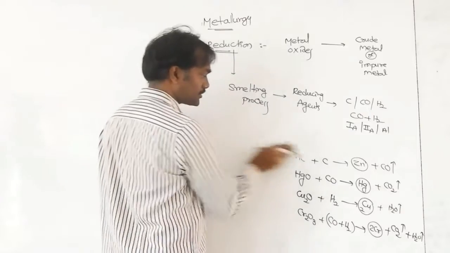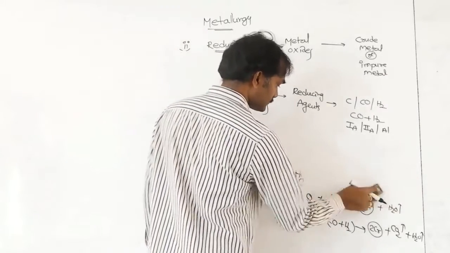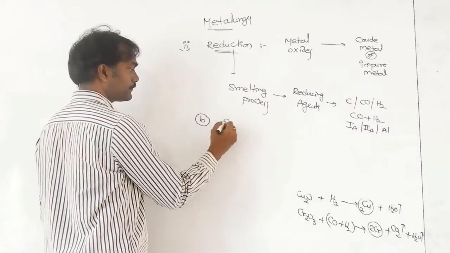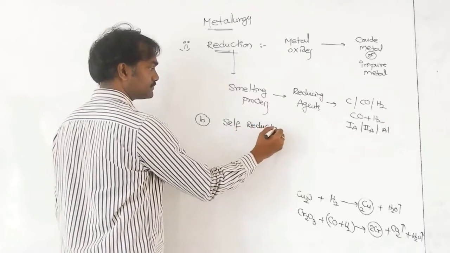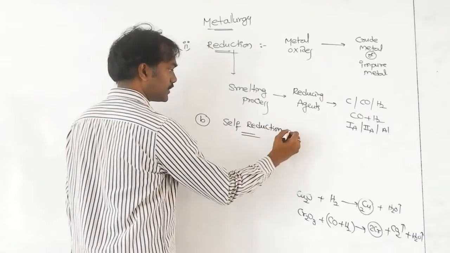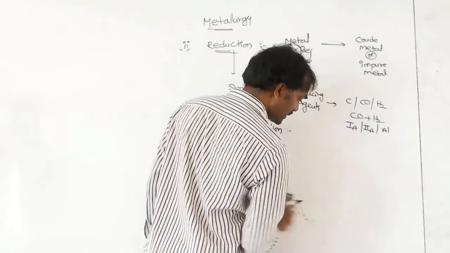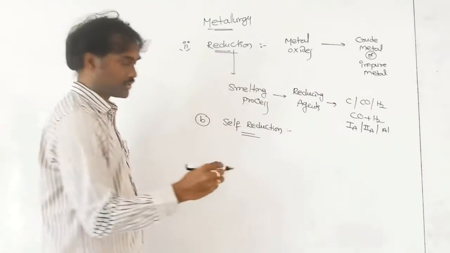So some compounds undergo self-reduction. Second, we can see the self-reduction process. In oxidation, we see that it is mostly observed in the d-block elements only.